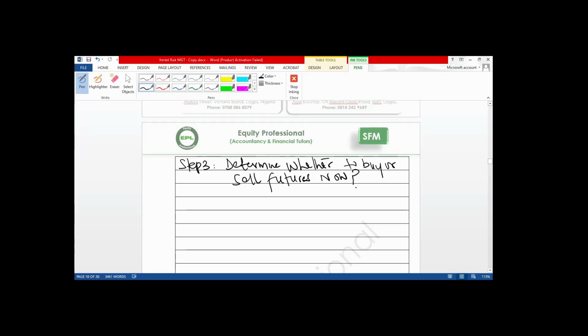A borrower will sell futures. A lender will buy futures. If your company is planning to borrow money, then your company is a borrower. In that case, your company will sell futures.